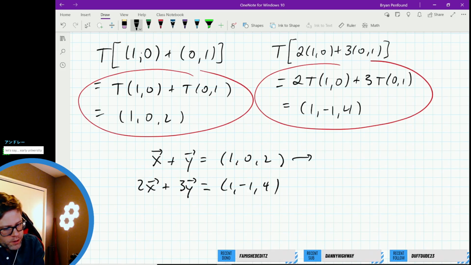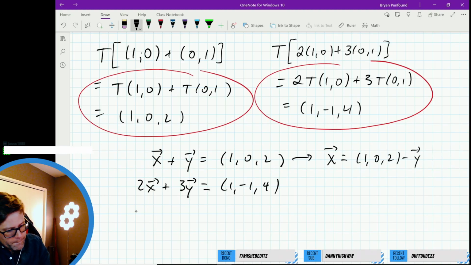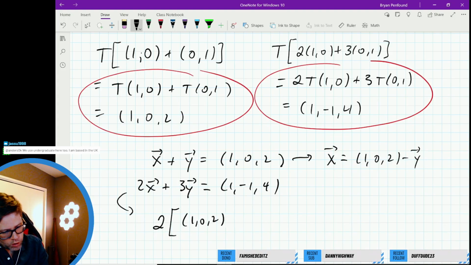So, I mean, couldn't we just do a substitution now? So 2 times... And again, I'm just kind of assuming that everything's normal. We're working with R spaces here, right? Like R to the n, so everything should be kind of like normal addition and subtraction and things like that.